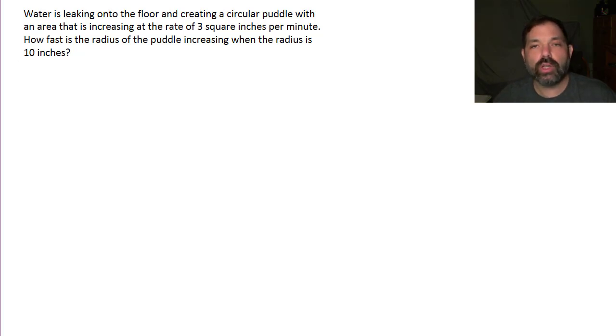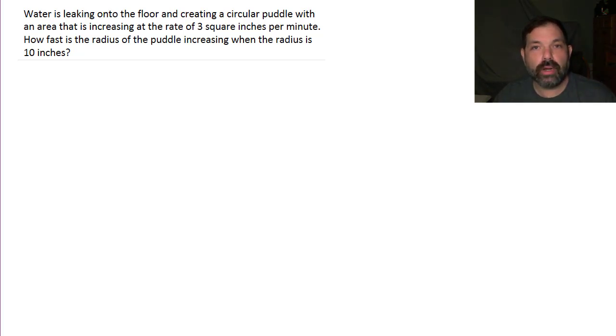Water is leaking onto a floor, creating a circular puddle with area that is increasing at the rate of 3 square inches per minute. How fast is the radius of the puddle increasing when the radius is 10 inches? Read through the problem.